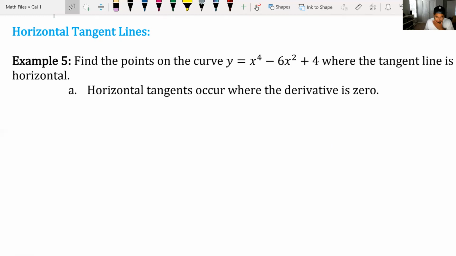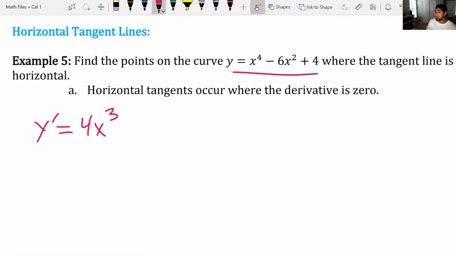So that's what we're going to do. So let's take the derivative of the function above, and I'll just say y prime. Y prime, the derivative, and the derivative of x to the 4th is 4x cubed.